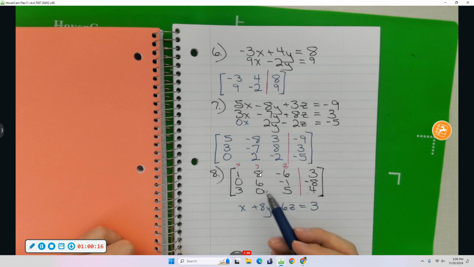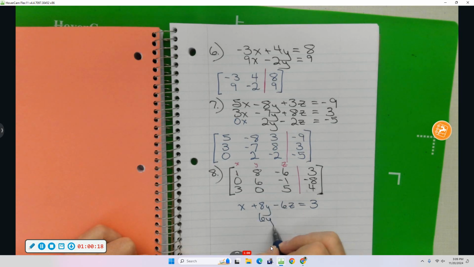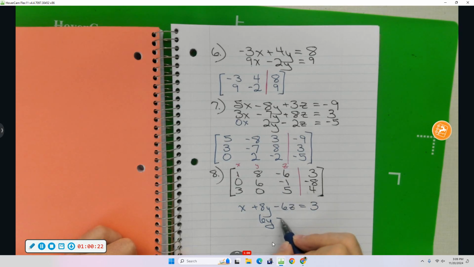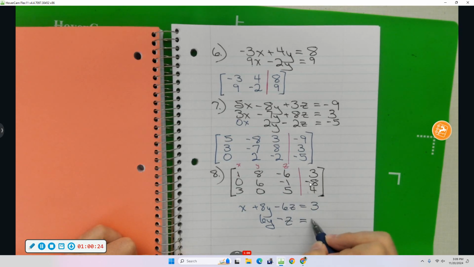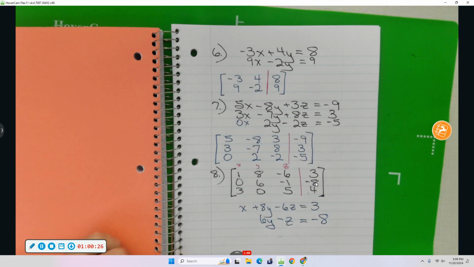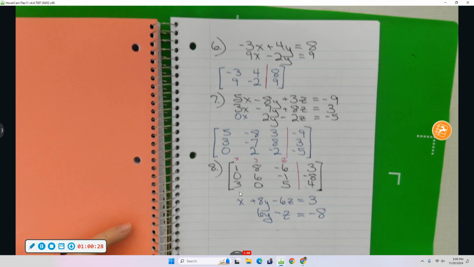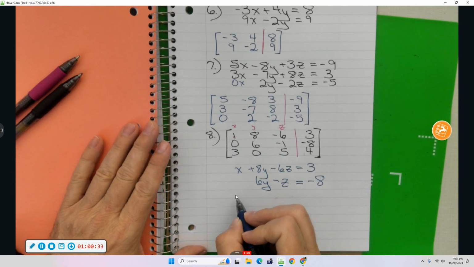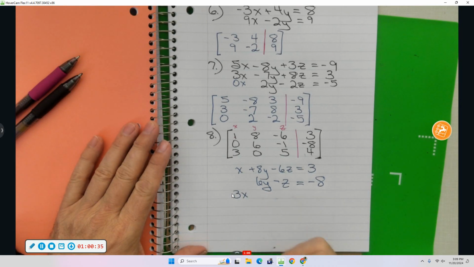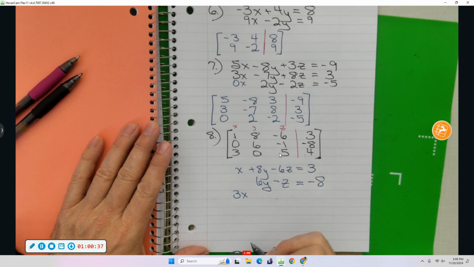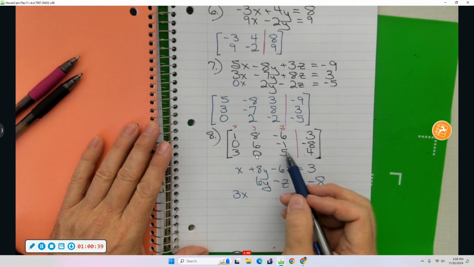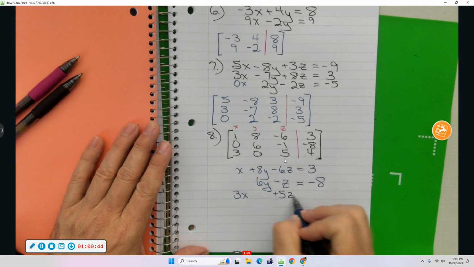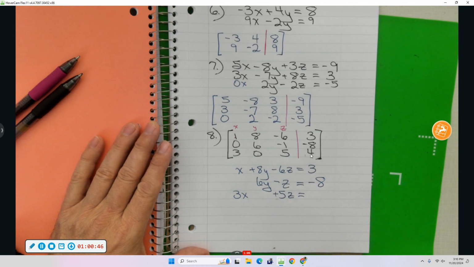That's a positive 6, so we have a positive 6y minus 1z, so I'll just say minus z is equal to negative 8. You tell me what the third row is saying. 3x. Okay, so there's no y. That's a positive 5 there. So plus 5z is equal to 4.